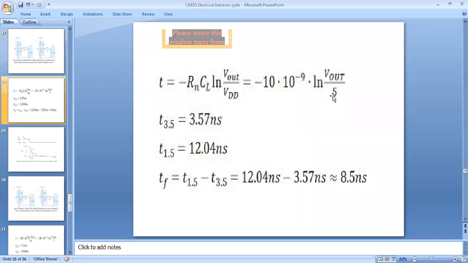VDD is nothing but VCC. Here it is a MOSFET device, therefore we consider it as VDD. If we take a transistor, then we consider VCC. So VDD is 5 volts, Rn is 100 ohms and CL is 100 picofarads. Substituting and simplifying, we get t equal to minus 10 into 10 power minus 9 natural log V out by 5.